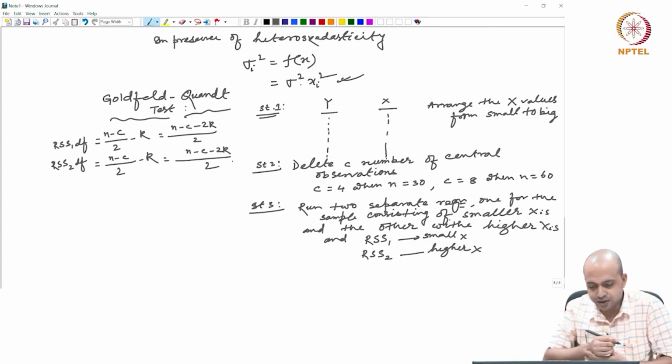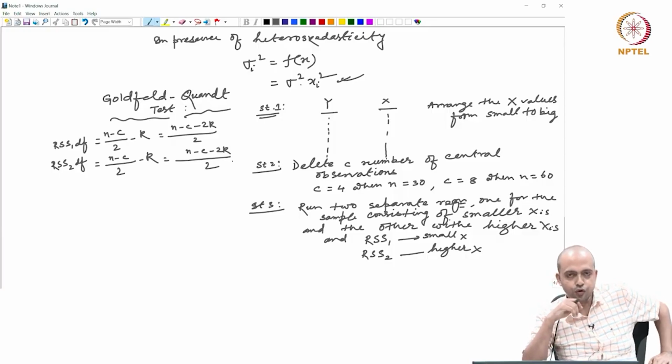This is the degrees of freedom for RSS 1 and RSS 2.